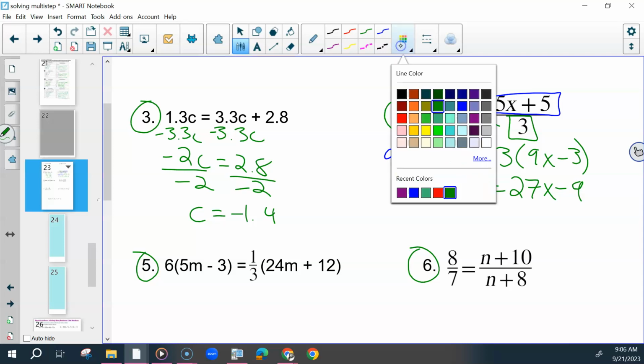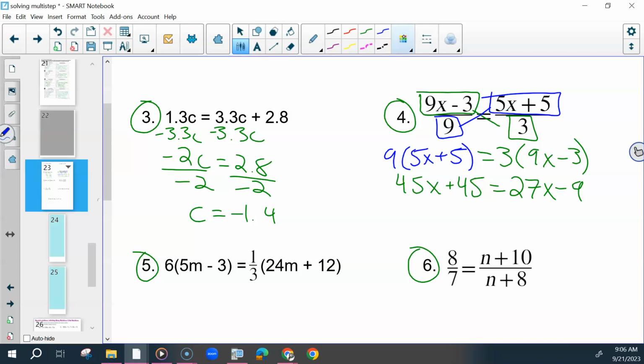So if we're moving 27x, we would have to subtract it to get it to the other side. Because we're moving all the variable terms to the left, we have to move all the constant terms to the right. So we would need to subtract 45 at the same time. Now, if it still helps you to do it in 2 steps, that's fine, but we don't have to do that.